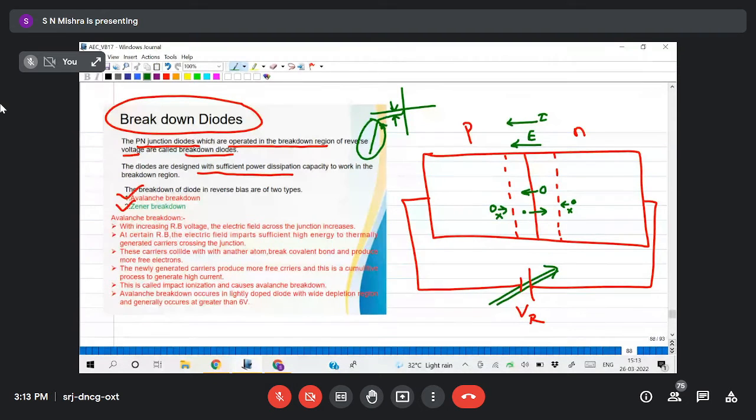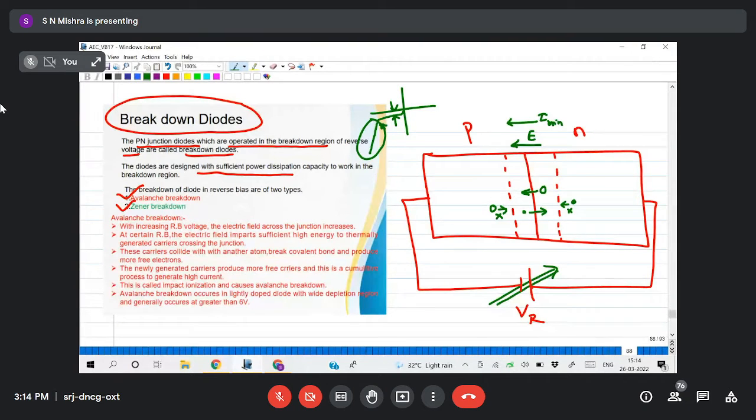So this is your I minority. Yes or no? Do you remember this concept? Sir, could you repeat the last statement once? What I said is, during the reverse bias, in the depletion region, minority carriers are present: electrons on the P side and holes on the N side.